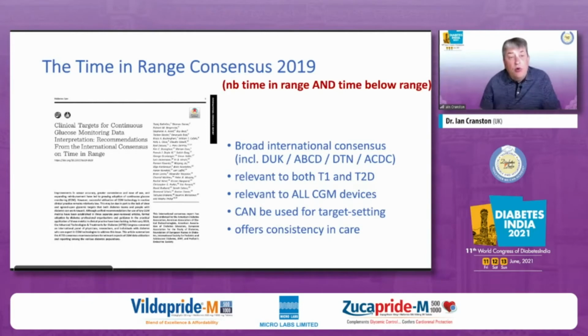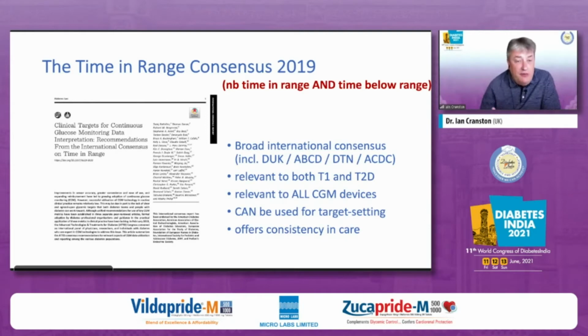And I think importantly for us in a clinic setting, whereas I think it's entirely inappropriate for us to ask people to say in a clinic, I think you should be trying to achieve a hemoglobin A1C of 6.5%, because nobody really knows what a hemoglobin A1C of 6.5% looks like on a day-to-day basis. The time in range is something we can use for target setting.